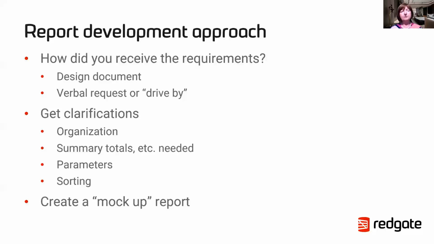So the first step then is you're going to have to ask a lot of questions. You're going to have to get clarification about the organization, the grouping levels of the report. Are totals needed? Are there parameters that are needed? How is the report supposed to be sorted? And I really recommend at that point creating a mock-up to get approval back to your requester.